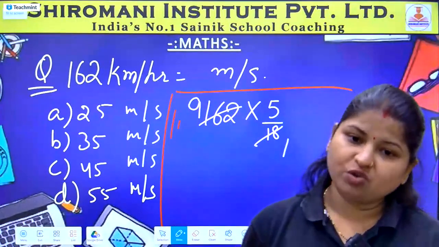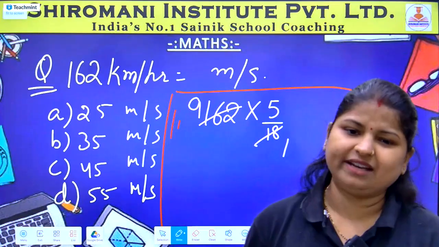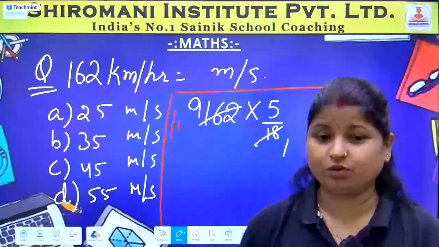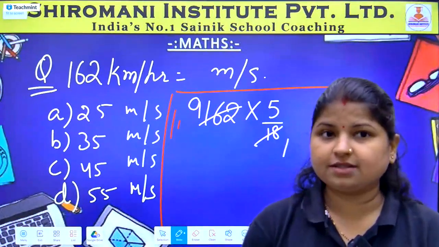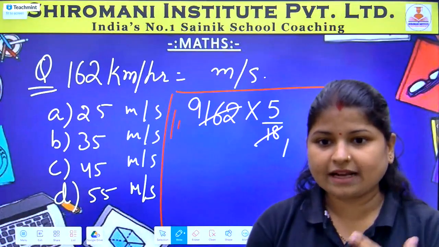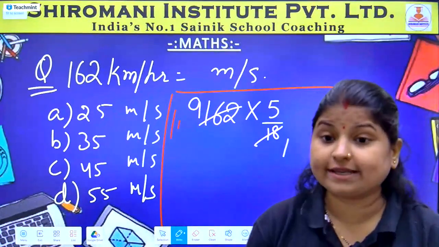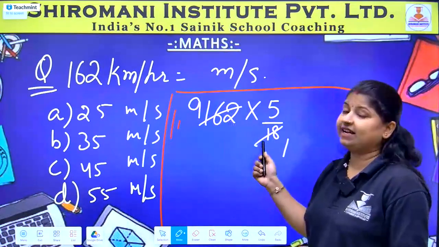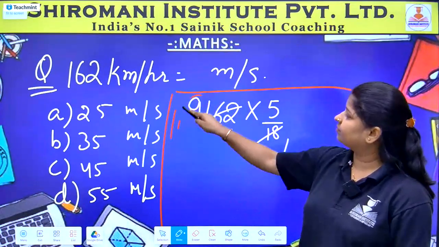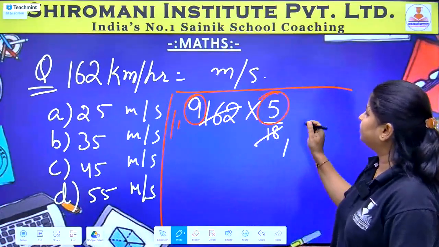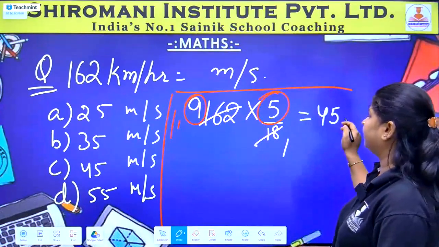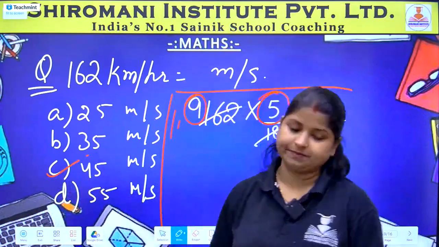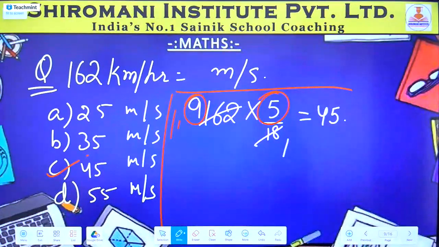Beta, if you don't know the table of 18, let me tell you, I feel sorry for you and your selection, because this is something that you should know if you are sitting for the entrance exam, dear. 162 divided by 18, you got 9. 9 into 5, 45. Option C is your answer.